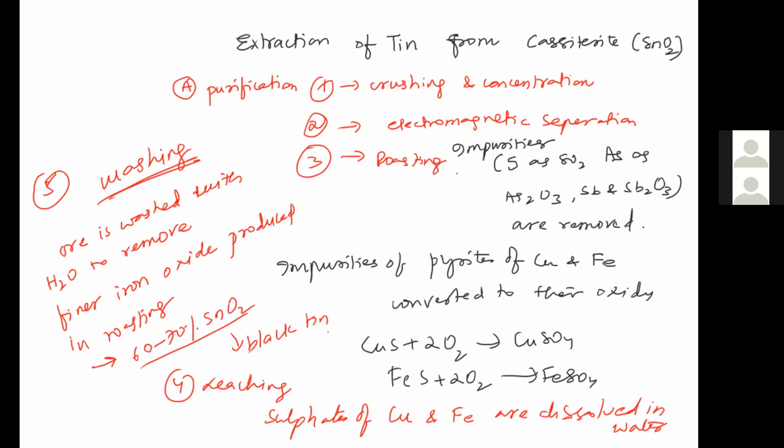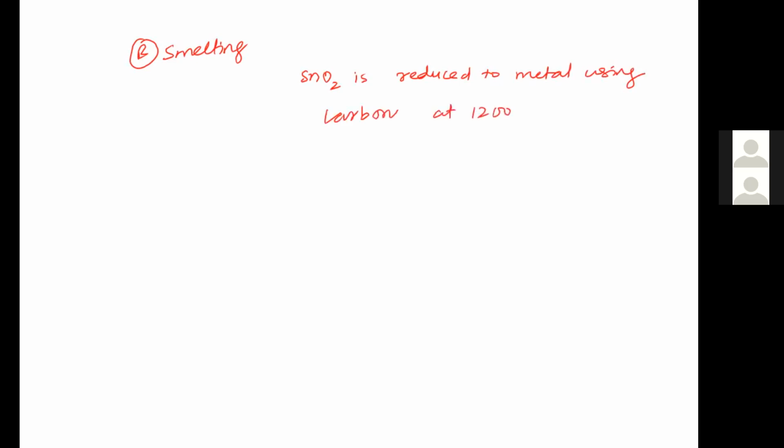So SnO2 is reduced to the metal using carbon at 1200 to 1300 degrees Celsius in an electrical furnace.